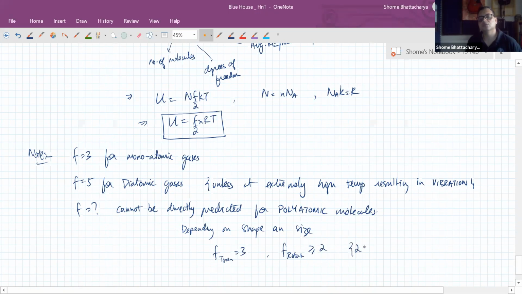So basically they can be 2 or 3, depending on whether it's a linear molecule or a rigid body shaped molecule. And the vibrational degrees of freedom similarly can be upwards of 1. I mean, can be 0, 1, 2, etc. They can have different axes about which they're vibrating. Rotational degrees of freedom, you can say generally speaking, is either 2 or 3.